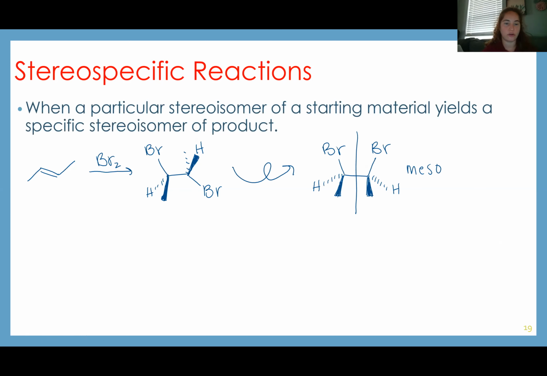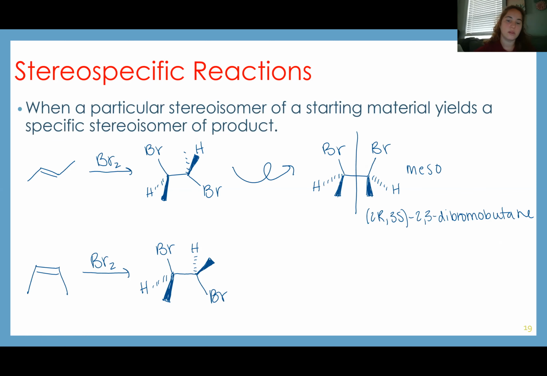If you take a trans alkene that is symmetrical and react with bromine, you end up with one product. And this is going to be 2R,3S-2,3-dibromobutane. Now, if you take the cis alkene, the methyls are pointing in the same direction. So in the product, the methyls will end up in the same direction.